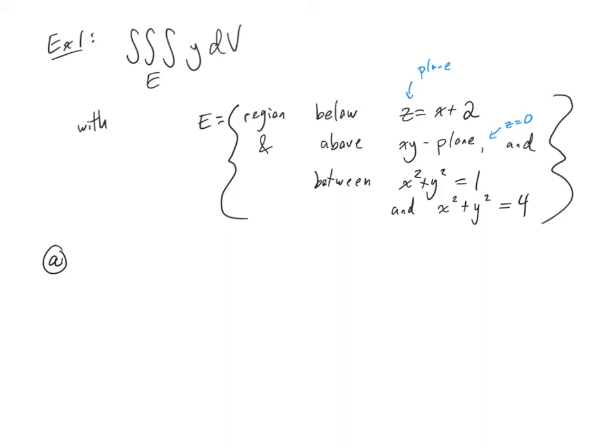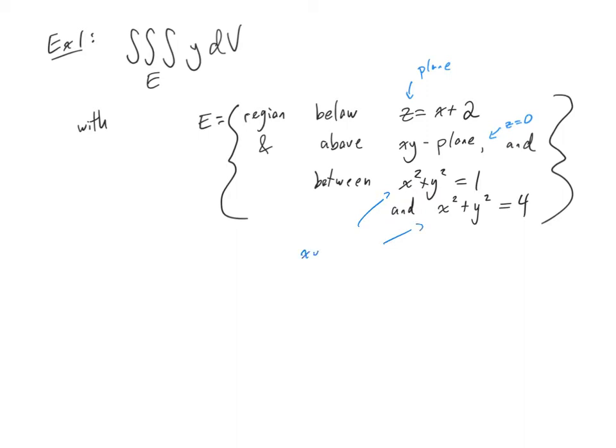Okay, let's move ahead. What I should do is try to understand in polar coordinates what my region looks like. So I'm going to look at each of these remaining two objects: x squared plus y squared equals 1, and x squared plus y squared equals 4.